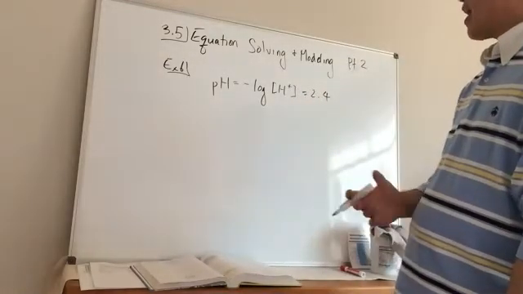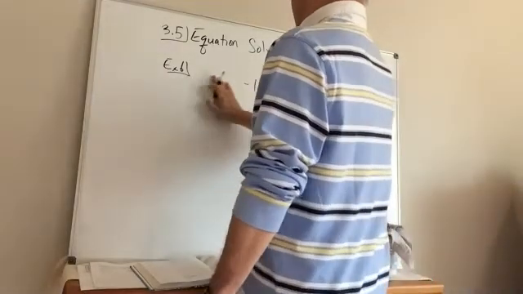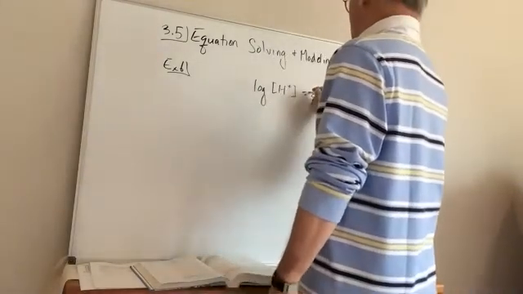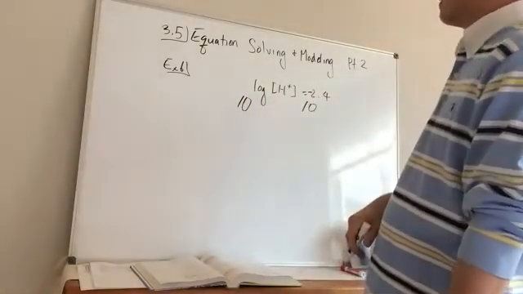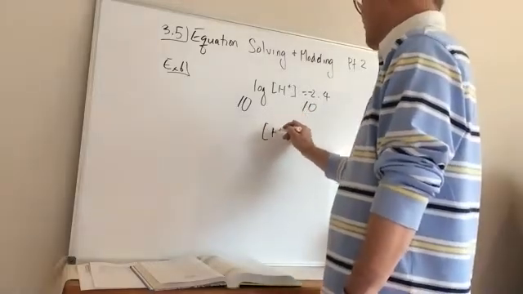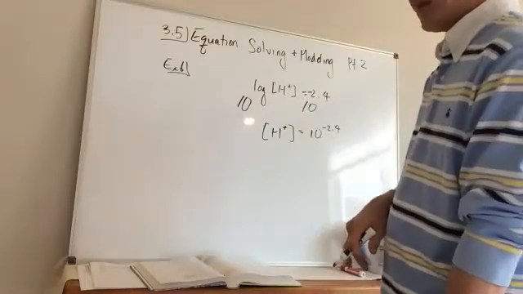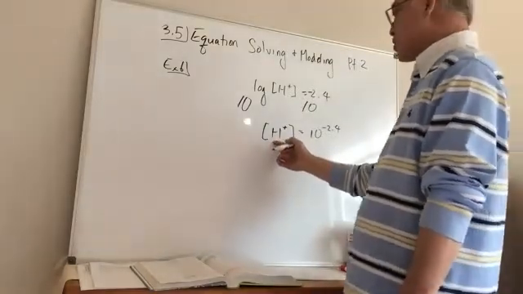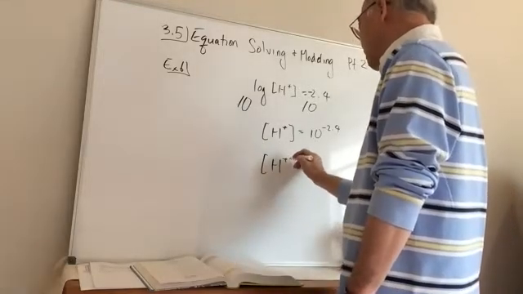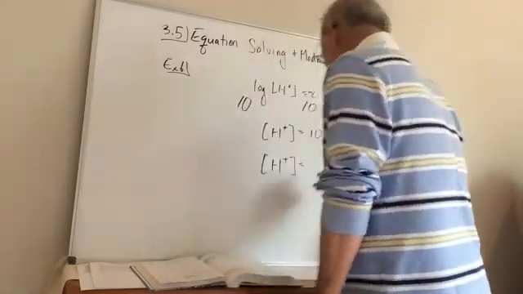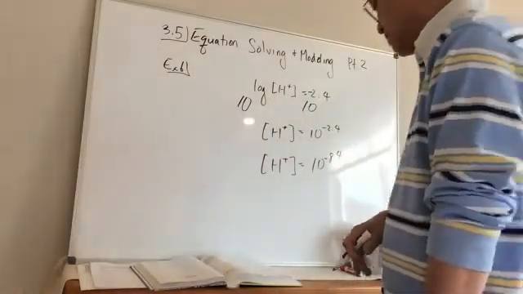Since the pH is the negative log, we put the negative over here and raise 10 to it. This would be equal to 10 to the negative 2.4. That's what they wanted to know, the concentration of the hydrogen ion. For the other one, it was 8.4, so 10 to the negative 8.4. Okay, that's going to be it.